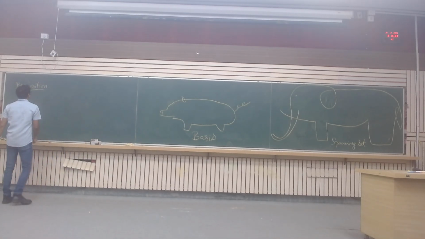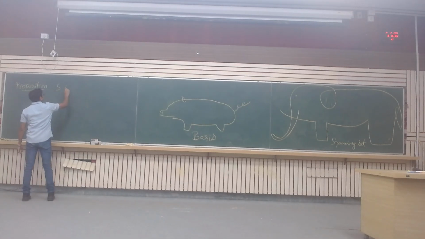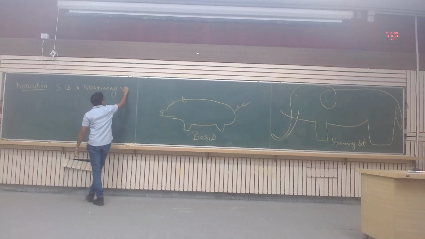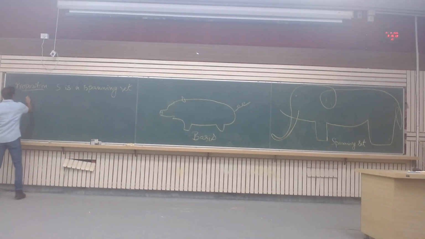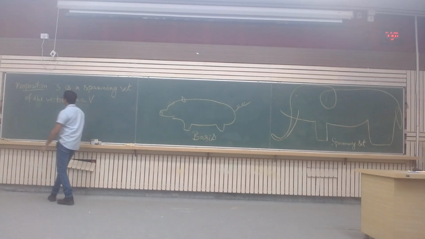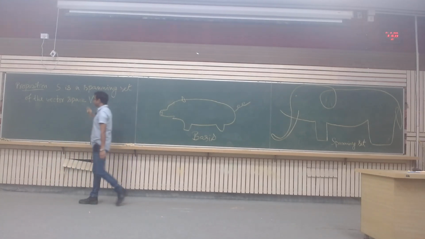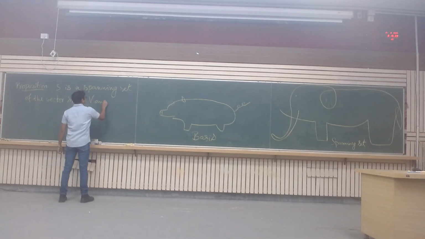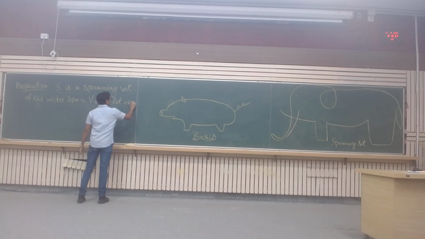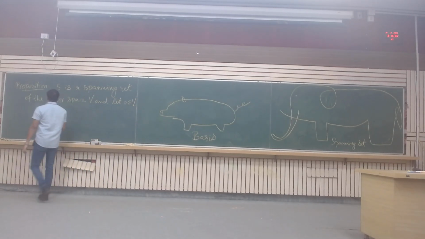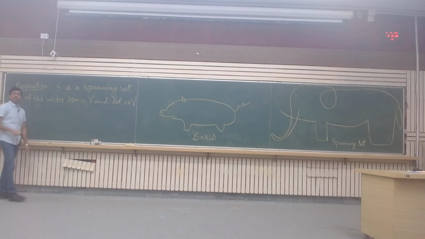Okay. So suppose S is a spanning set of the vector space V. Okay. And let small v be some element in V. Then, well, actually we are going to basis.